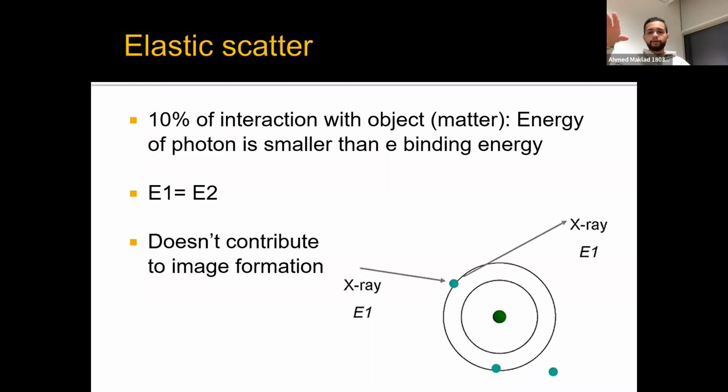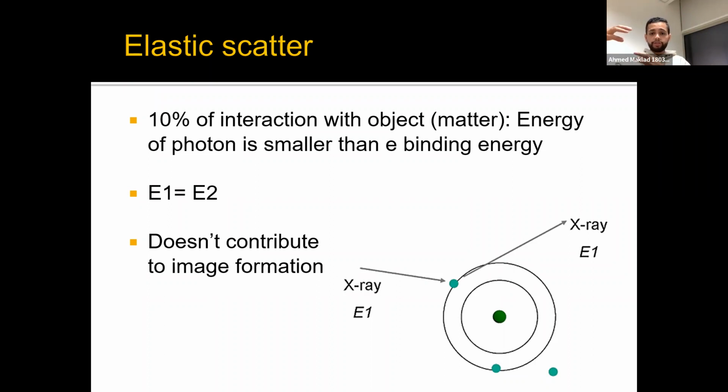Now, in the elastic scatter, which is the third type, what happens is that the photon coming from the X-rays will have an equal energy to the electrons in your body. So what will happen? It just bounces off. Nothing will change. All right. So it doesn't contribute anything to the image formation, because when it interacts with your body, the photon that results is different in energy.